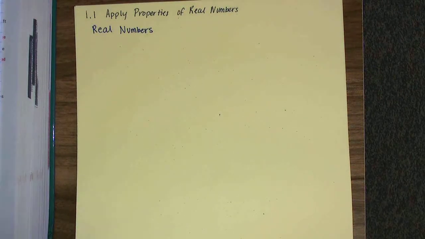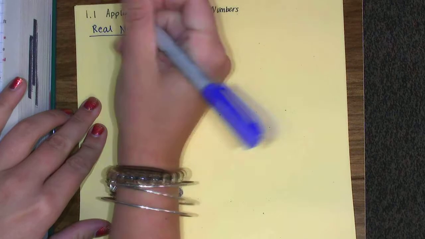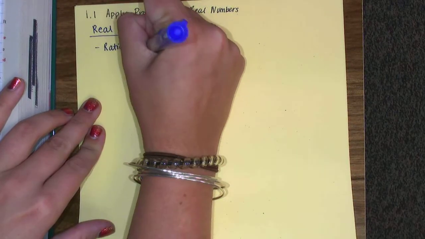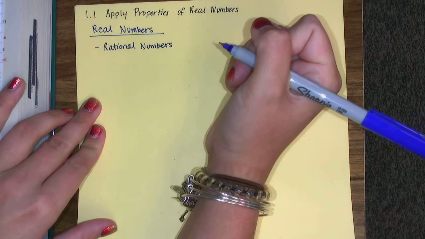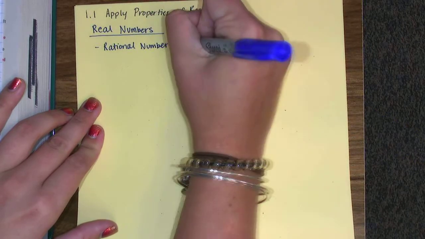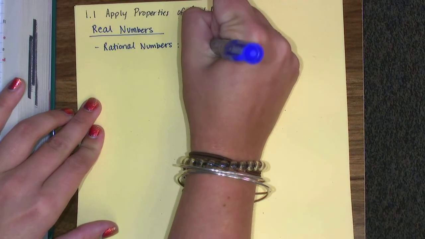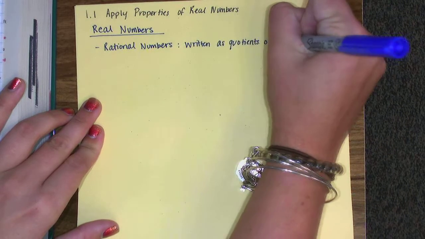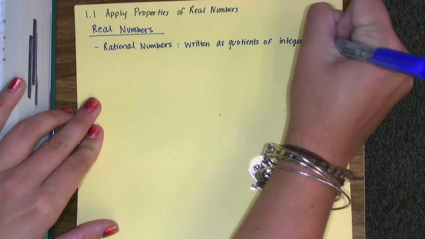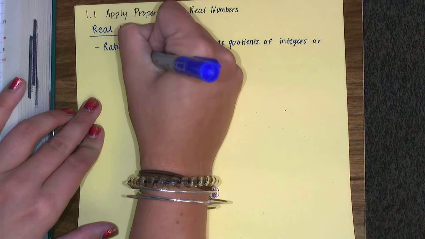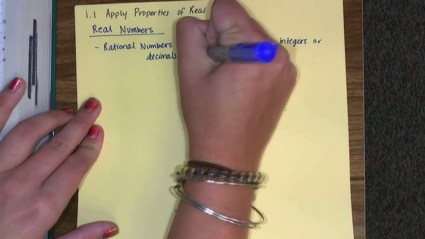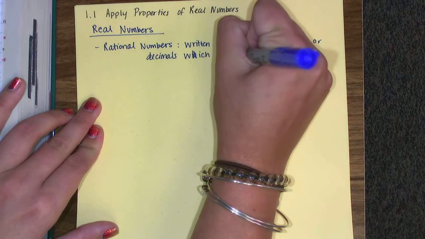So we have two types of real numbers, or two big categories that they fall under. The first one is rational numbers. And so for this, they are written as quotients of integers, or they are decimals which terminate or repeat.